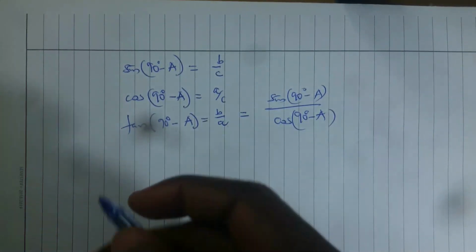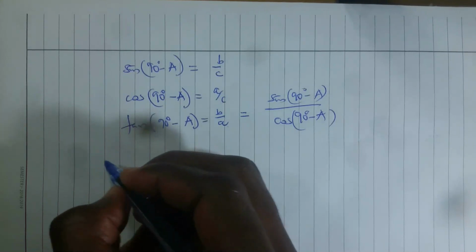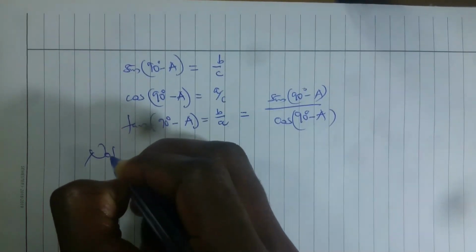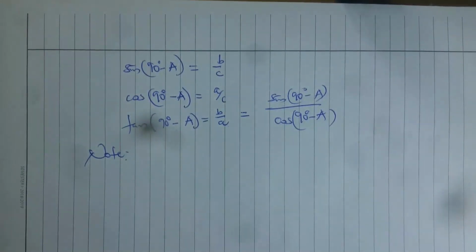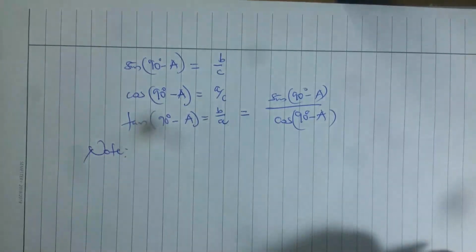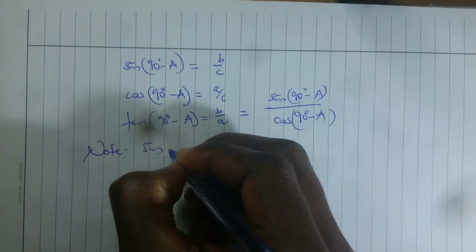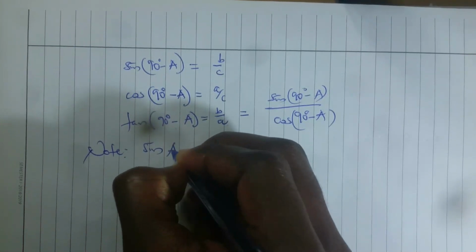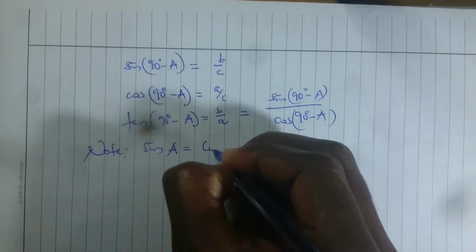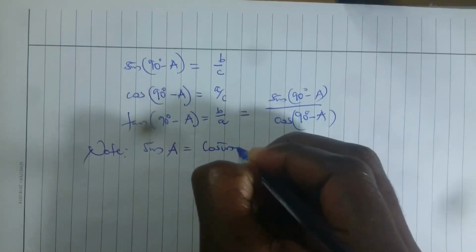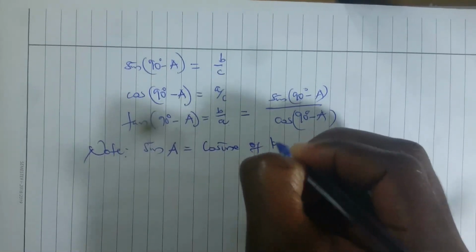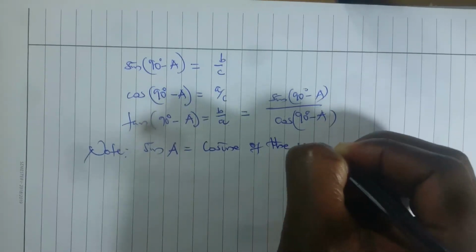And now let's make some notes here. Sine of any angle, let's say A, is given by cosine of the complement.